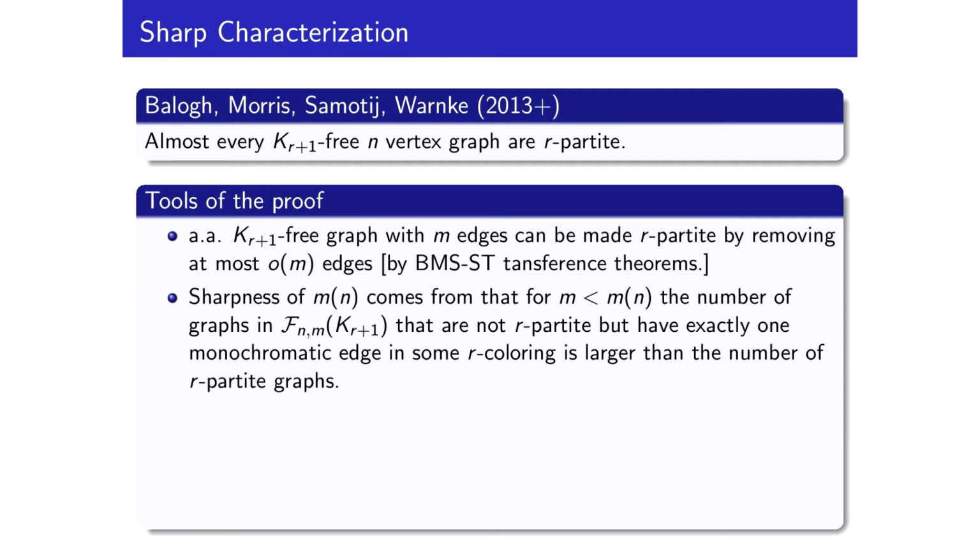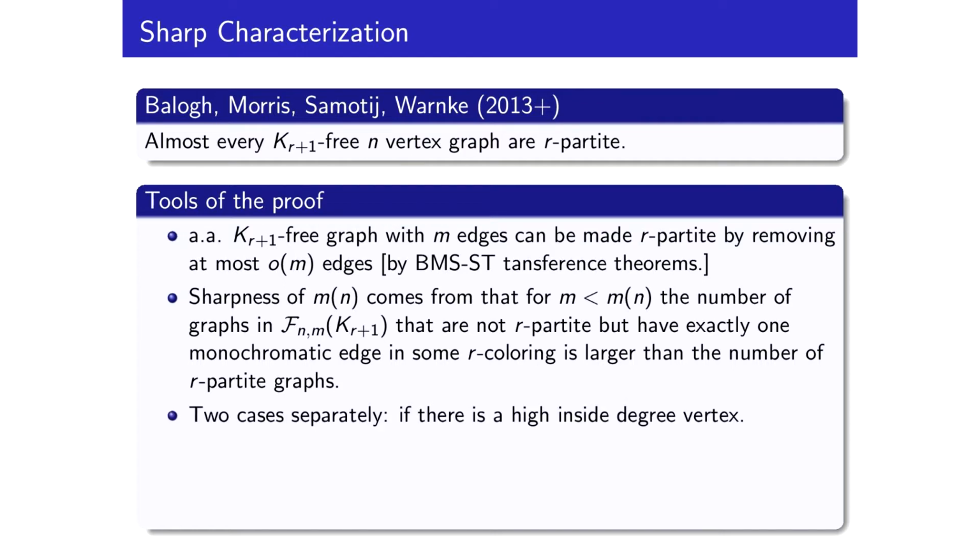You partition the vertices into two parts, and just put one edge into one part, hoping that its endpoints don't have a common neighbor. And if m is not large, then it's likely that we can always find such a pair of vertices where such an edge can be placed.